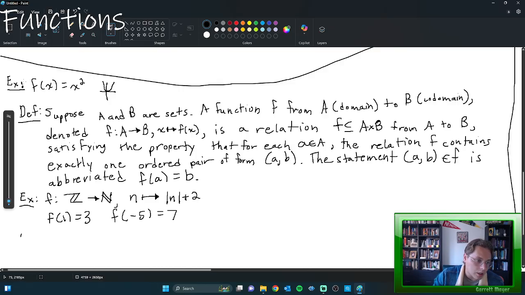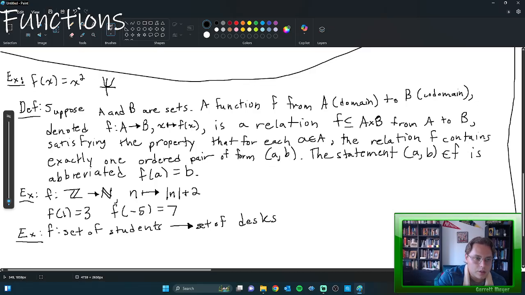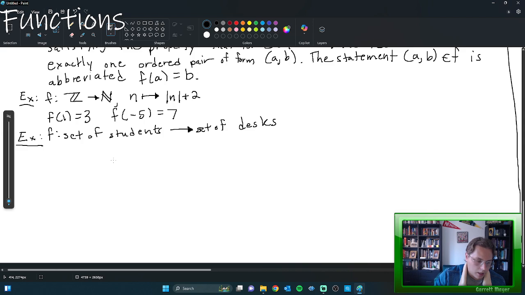Now we can generalize this a little bit to any set of things. So for example, a set of students to a set of desks. The exact rule can be however you want to define it, but this is basically like a seat assignment process. So this is the way you could think about this.